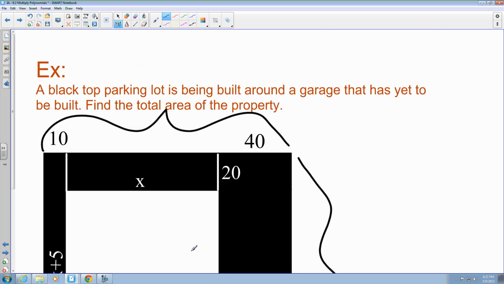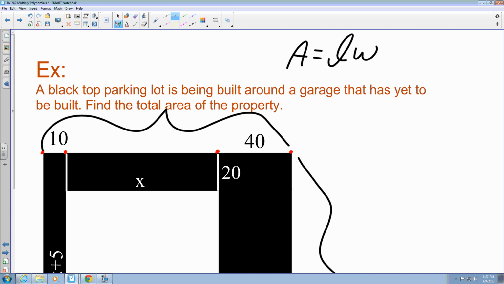And if we recall, area equals length times width, correct? So here are some things that we're going to have. I'm going to change the color. Some values that they gave: the distance from here to here is 10. The distance from here to here is 40.